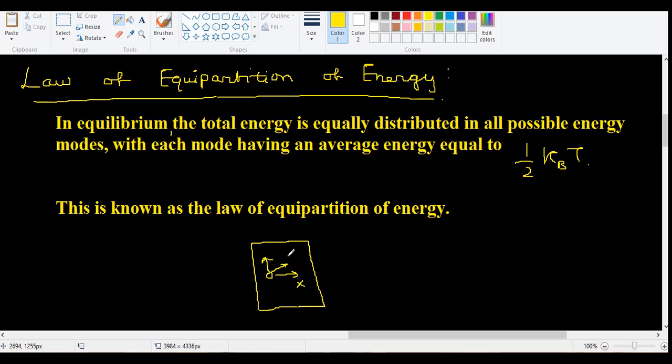So you have something called translational energy modes, which is x, y, z. Okay. And then the molecule might be rotating in a particular axis. So if the molecule is something like a dumbbell along the x-axis, and it's rotating like this, I can say the molecule is rotating about x-axis.